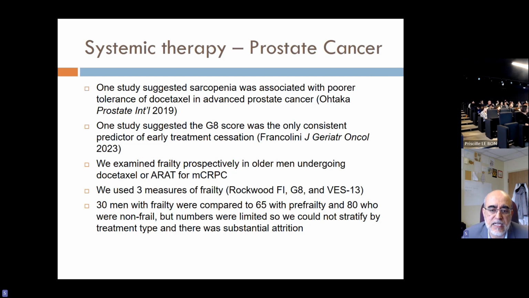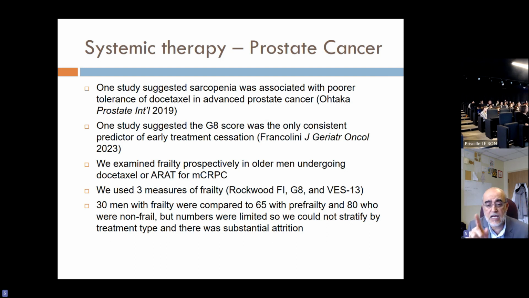In the setting of prostate cancer, there are 3 studies that I have found that are interesting, and I will highlight them very briefly and can discuss them further in the question period. One study suggested sarcopenia, not frailty, but they looked at sarcopenia, which is very common with frailty, was associated with poorer tolerance of docetaxel in advanced prostate cancer.